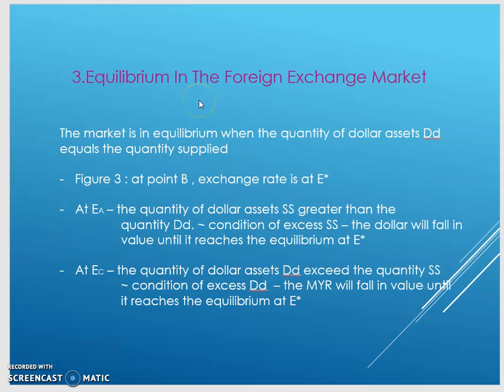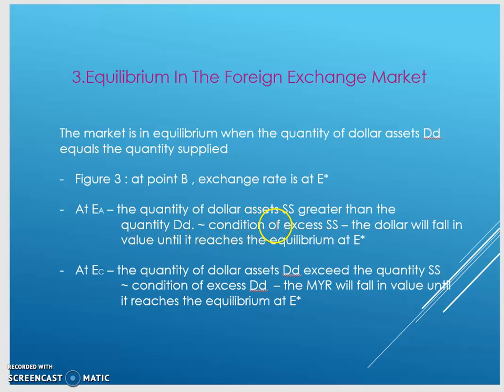Equilibrium in the foreign exchange market: the market is in equilibrium when the quantity of dollar assets demanded equals the quantity supplied. Figure 3 shows that at point B, the exchange rate is at E star. At EA, the quantity of dollar assets supplied is greater than the quantity demanded.